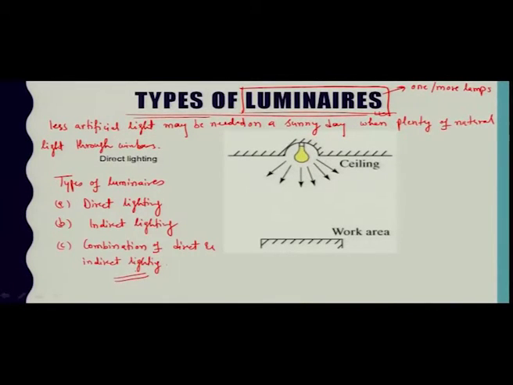Luminaires can be classified according to the proportion of the light that is emitted above or below the fixture itself. So three major categories can be illustrated. One figure has been put for you to understand the types of luminaires. Here you can see that the bulb is giving light to the work area, and this is the example for direct lighting.